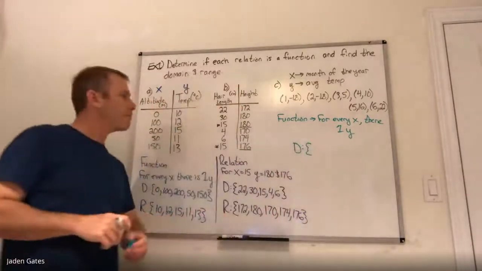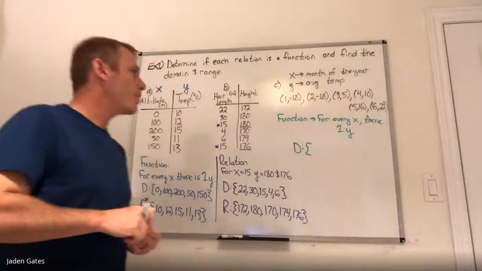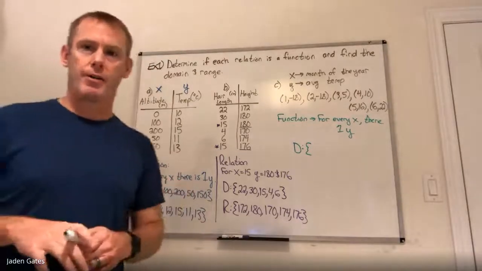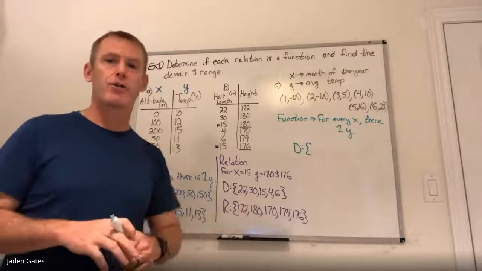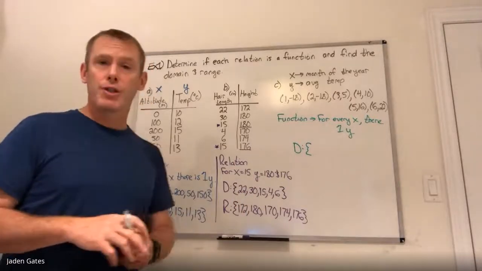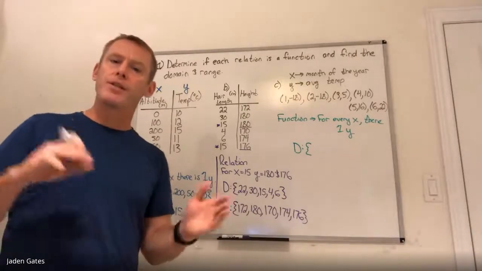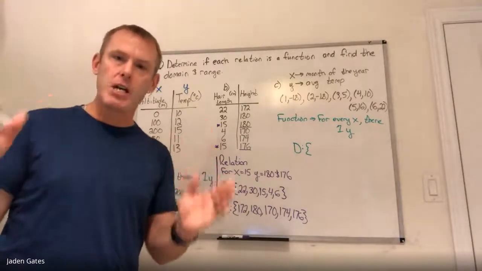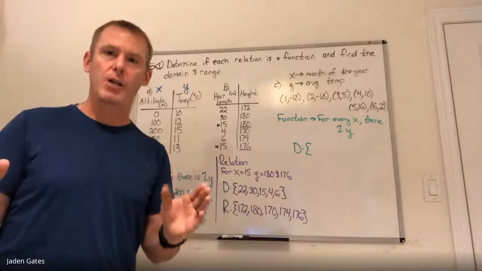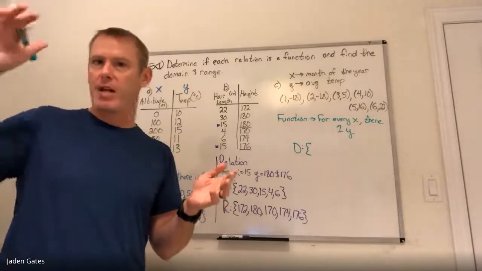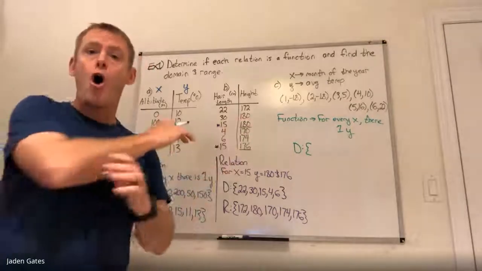Now here's something with the domain and range. I'm looking for all possible x values. Usually when I'm in class, I say, can somebody tell me the domain? And most of the time they'll say 1 to 6. That's not right. 1 to 6 means every number between 1 and 6, like 1.22222, 3.4, and so on.